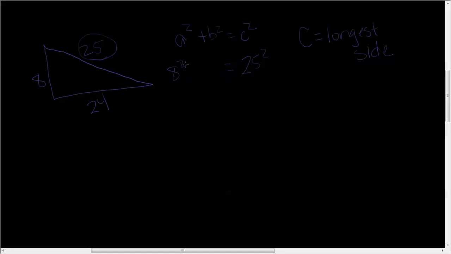I'm going to say a is 8, and b is 24. 8 squared is 64, and 24 squared is 576, and 25 squared is 625. And if I add those two together, I get 640, and that does not equal 625, so this is not a right triangle.